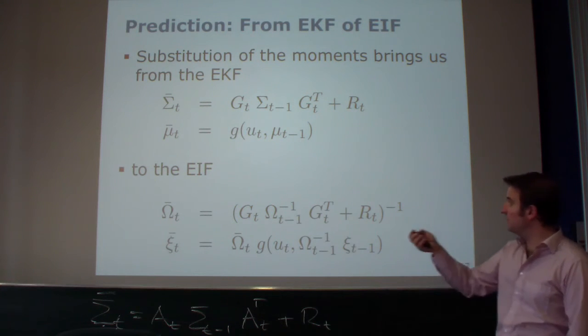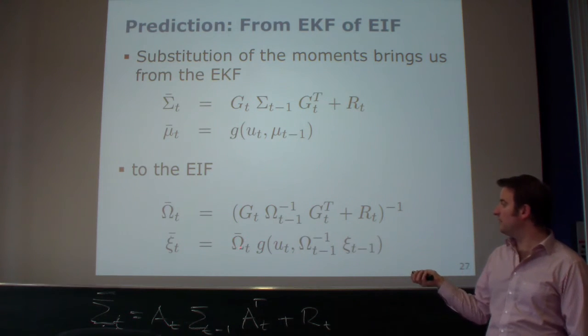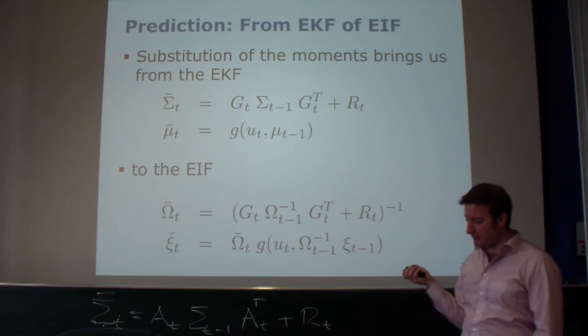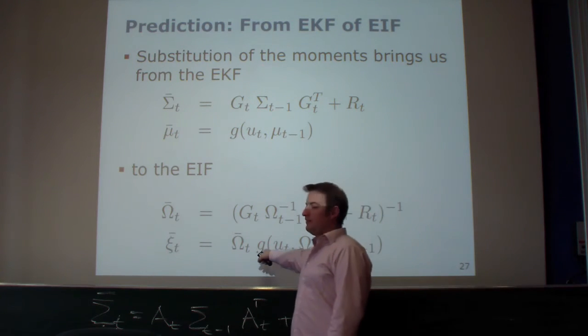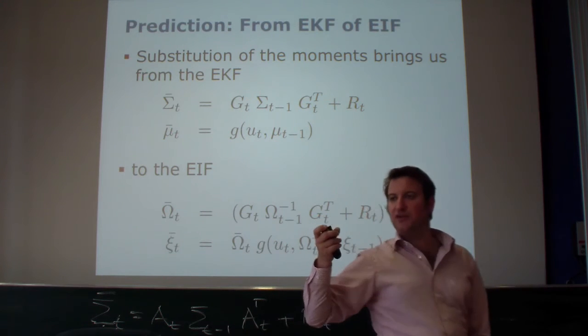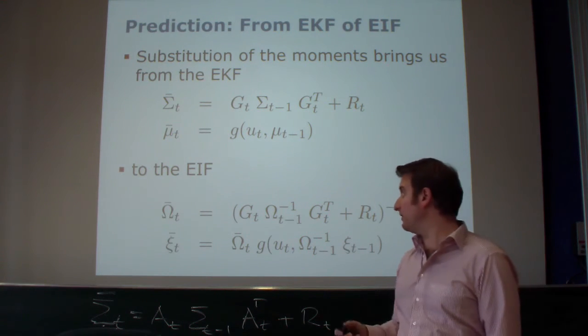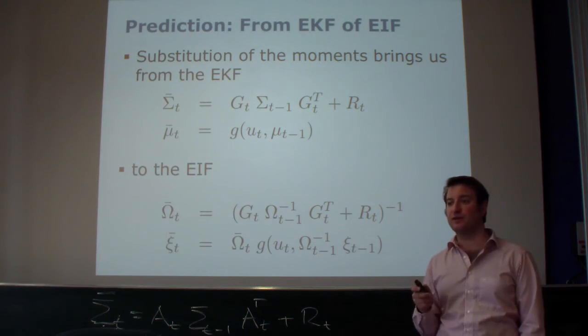And the information vector here is the information matrix times the mean. Now we have the problem at that point that this function g is only defined in the state space, the space where we define the probabilities, the variable x we investigate.